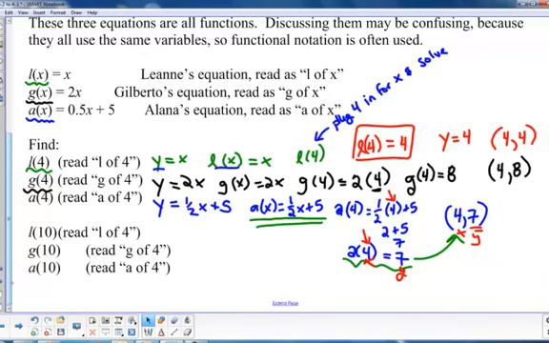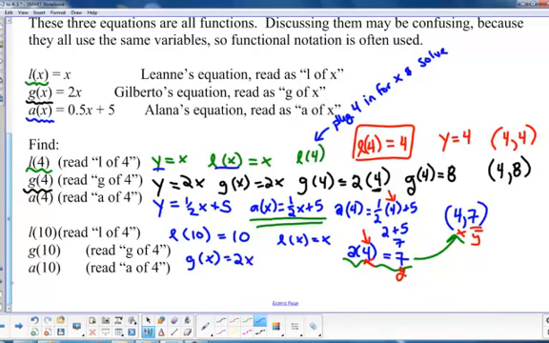So this next column, we're going to plug 10 in for each. So L of 10 would just equal 10, because if you remember, L of x equaled x. That was Leanne's plan. And Gilberto was g of x equals 2x. So we're going to see what g of 10 is.